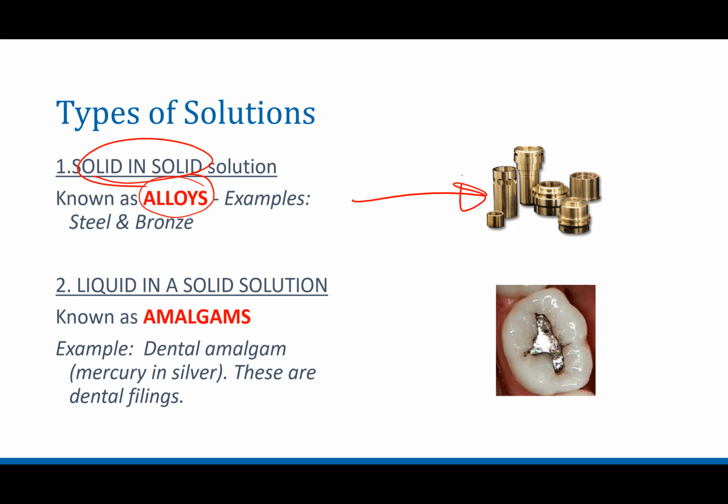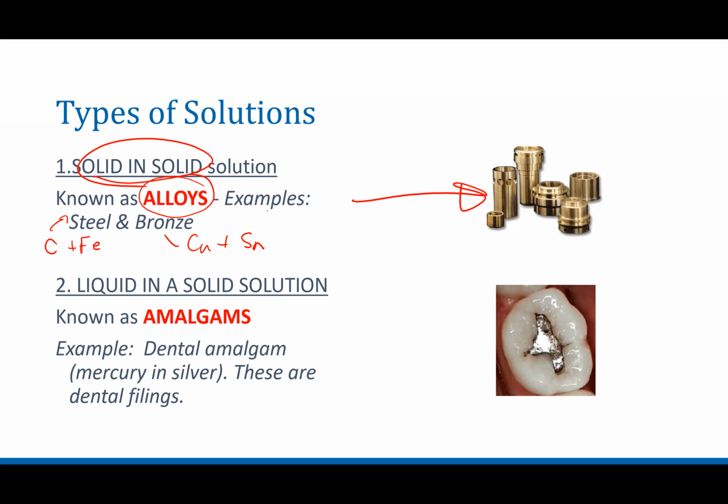Steel is a mixture of carbon and iron. Bronze is a mixture of copper and tin and other things, but mostly copper and tin.